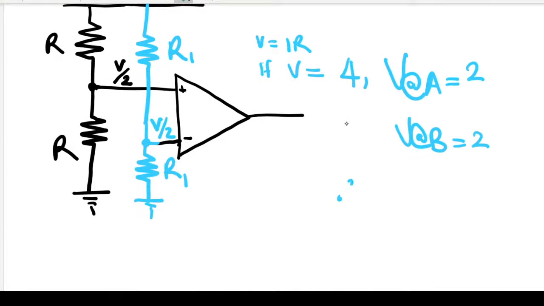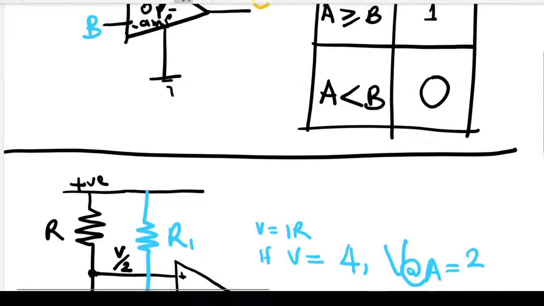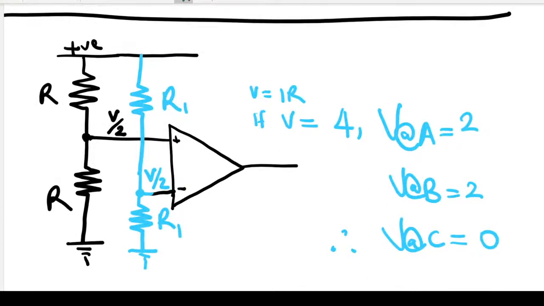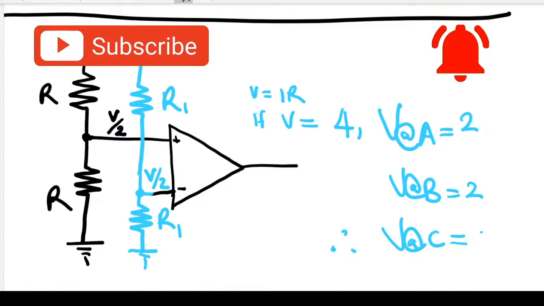Therefore voltage at C is equal to 0. No, it's not 0 because they are equal. Remember the table? When they are equal, it's 1. So we fix that. This is 1.